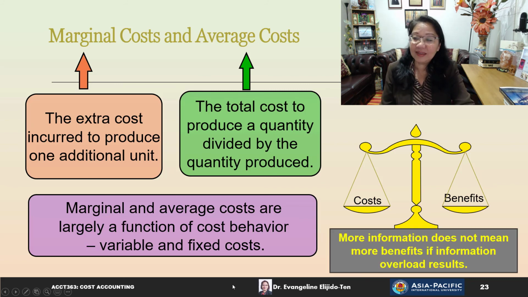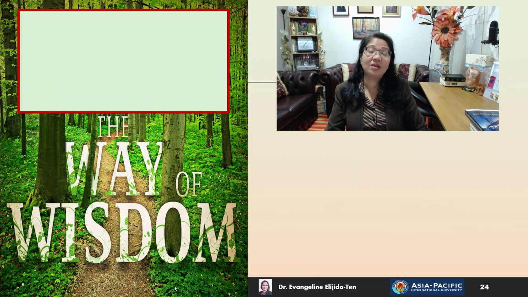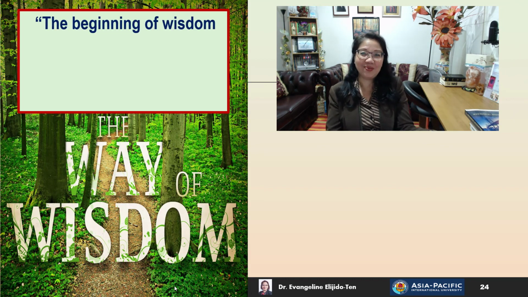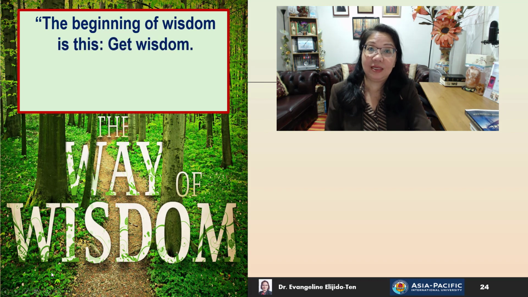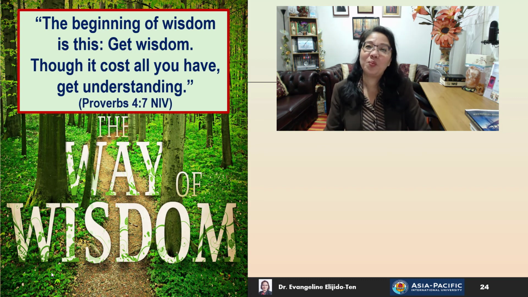Now, to end, I just would like to share with you another Bible text because I've been showing you this way of wisdom, right? And we've been talking about costs. It says actually in the book of Proverbs, the beginning of wisdom is this: get wisdom, though it cost all you have, get understanding. So that is found in Proverbs chapter 4, verse 7.